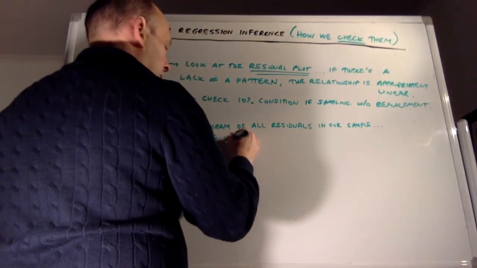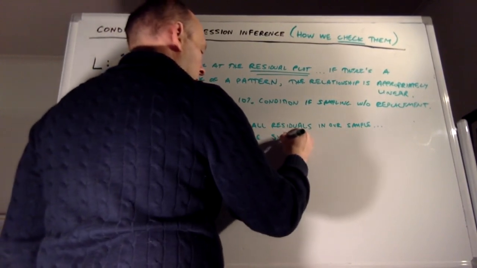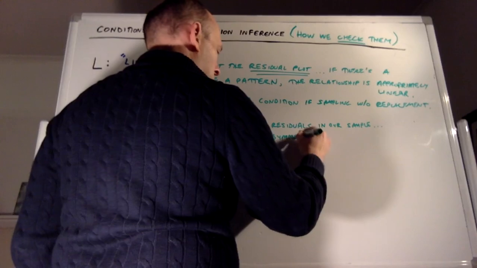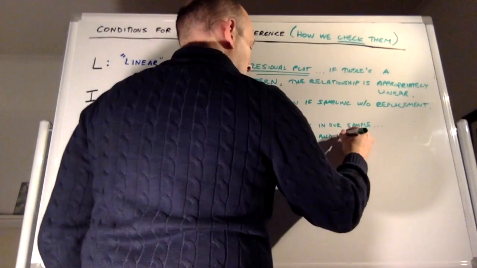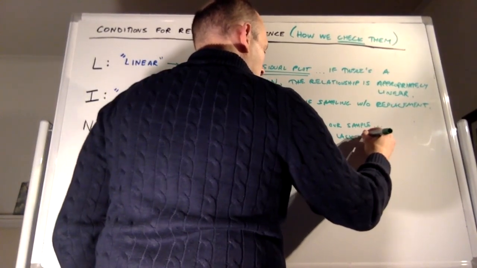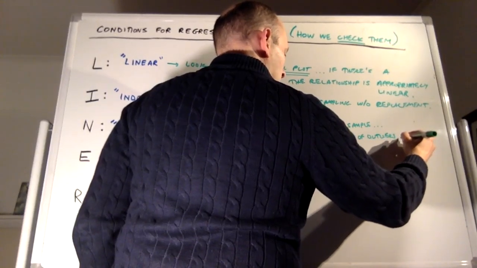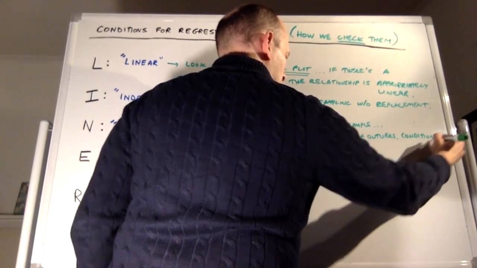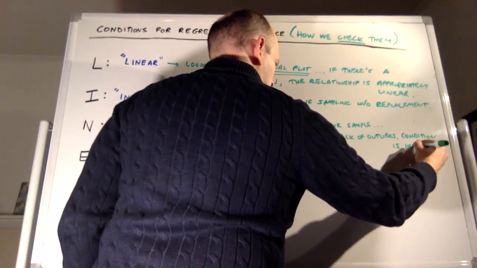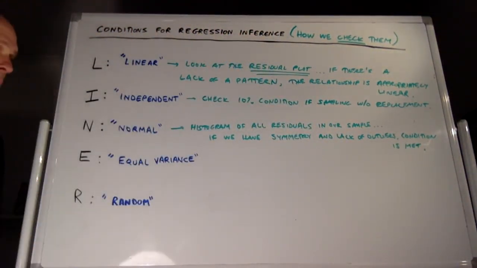And if we have symmetry, lack of outliers, the condition is met. So we look at a histogram of all the residuals in our sample.